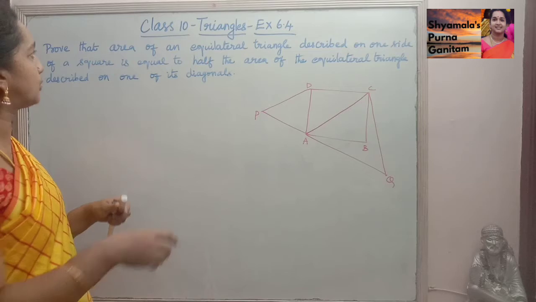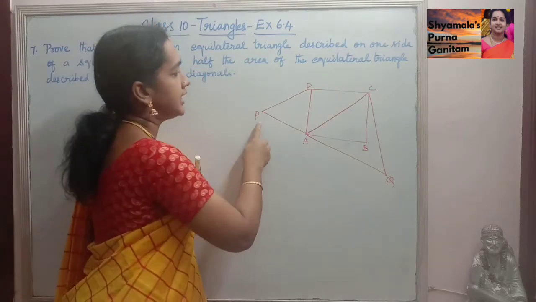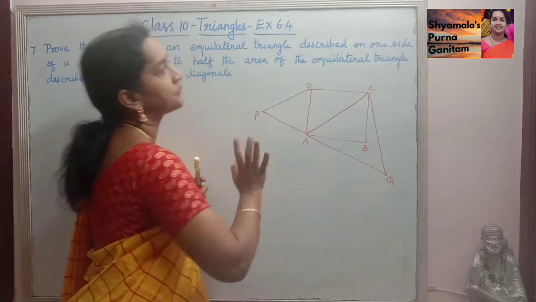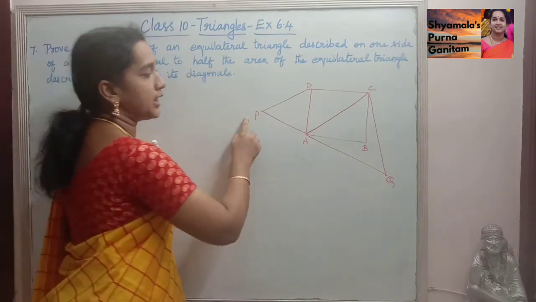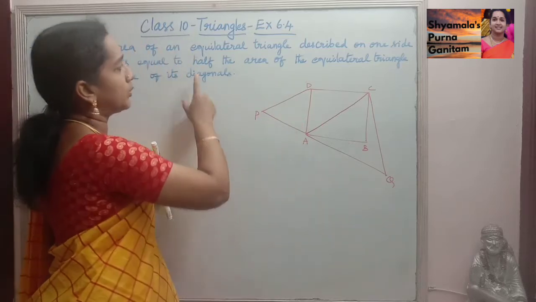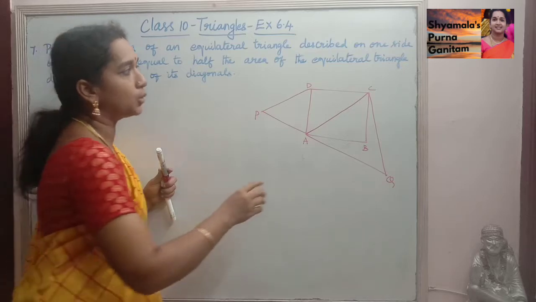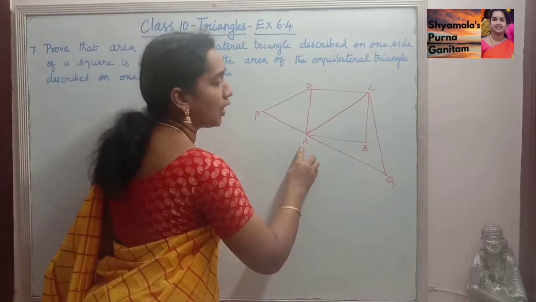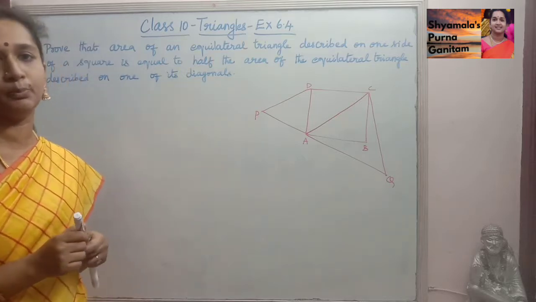So we are asked to prove that the area of PAD is equal to 1 by 2 into the area of AQC. This is the thing we are asked to prove.